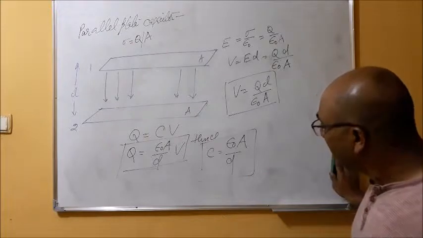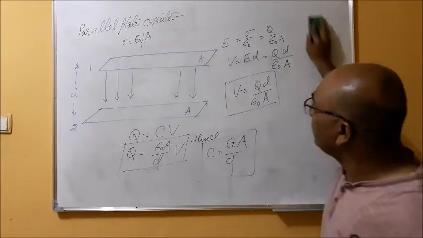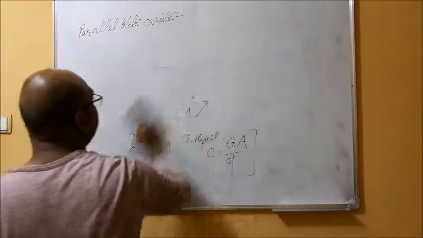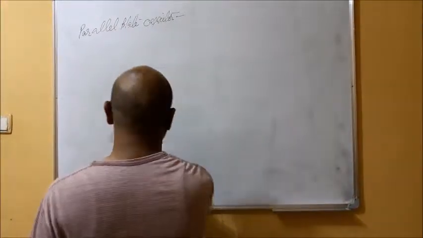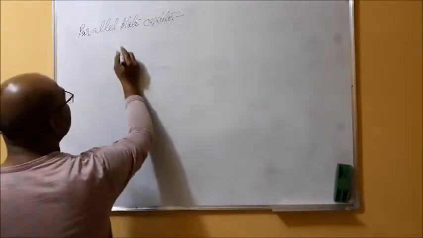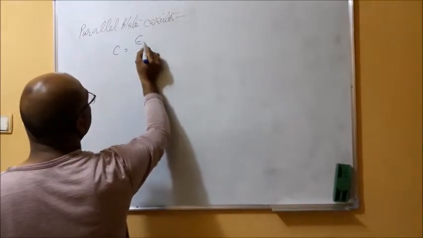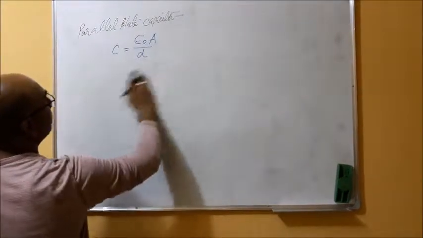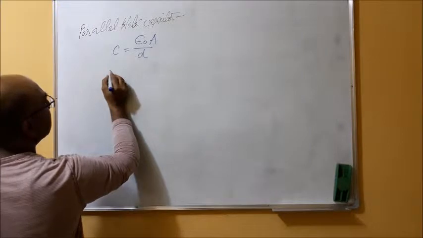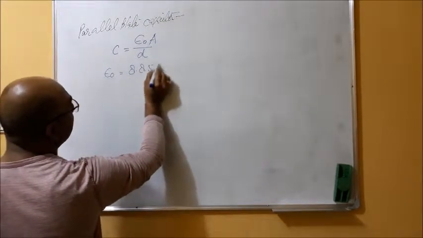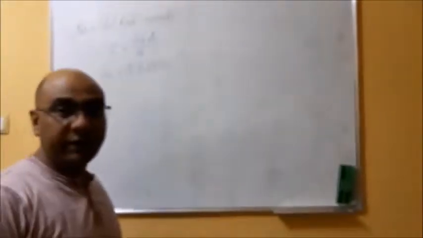If I have the formula C is epsilon naught A upon D, and epsilon naught value is 8.85 into 10 to the power minus 12, right?